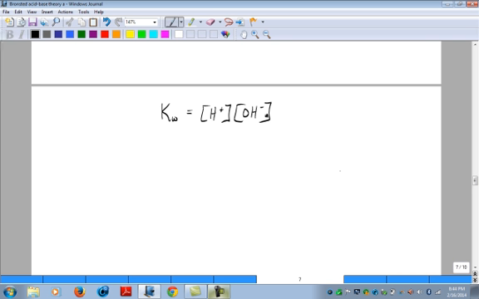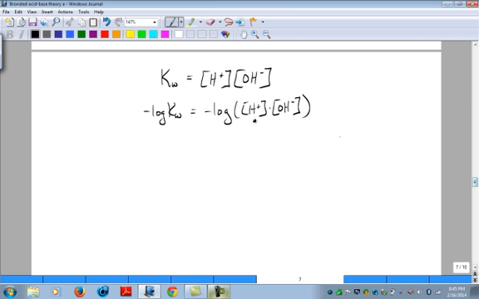If you take the negative log of each side of that equation, negative log Kw, negative log of this product, and then because you have a product of these two numbers, you can just, using logs, write them as two separate logs as a sum: negative log concentration H+, plus negative log concentration OH-, equals negative log Kw.